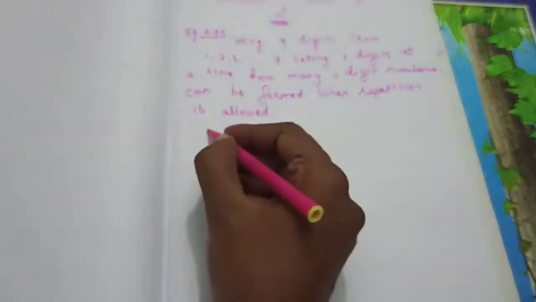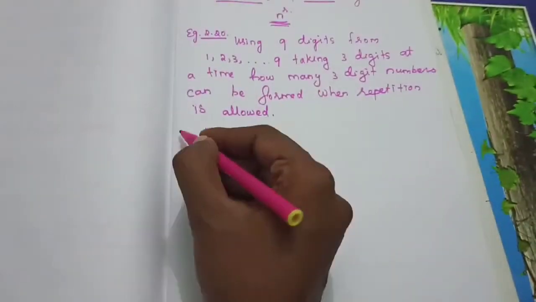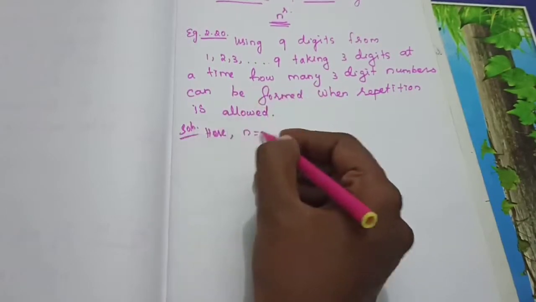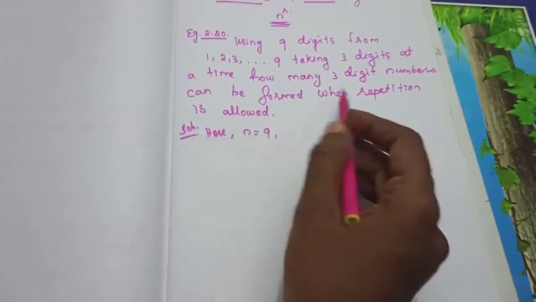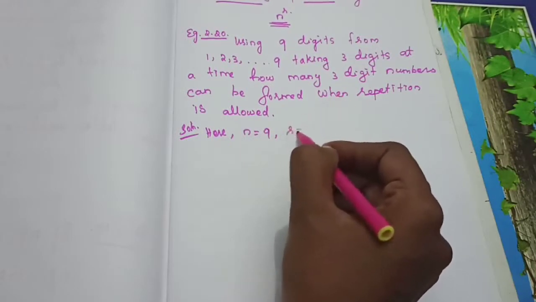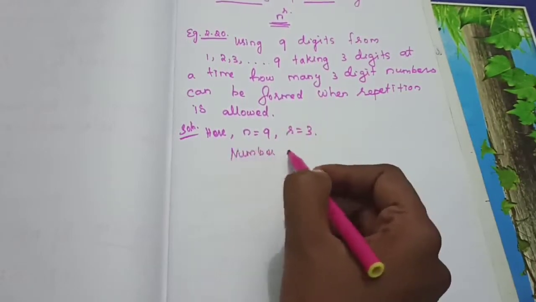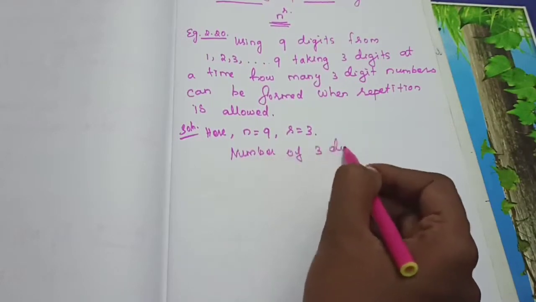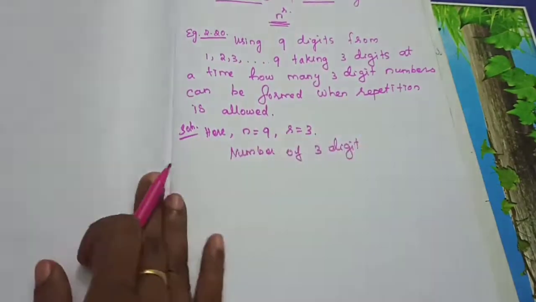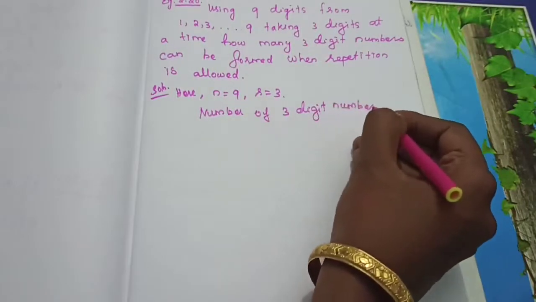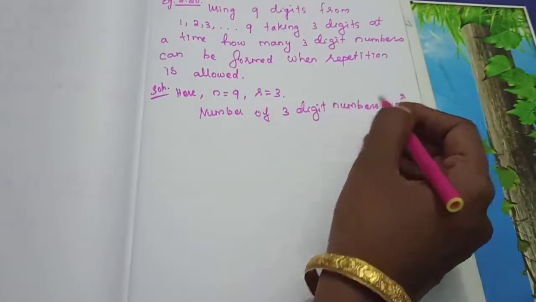Is it right? So here what's the n value? Solution. Here what's the n value? Using 9 digits, so what's the n value? 9. How many digits did they say? r is equal to 3 digits. So what's the formula? Number of 3 digit numbers is equal to n power r.